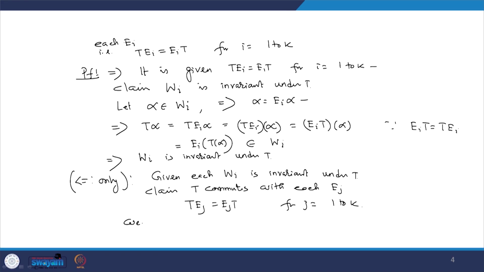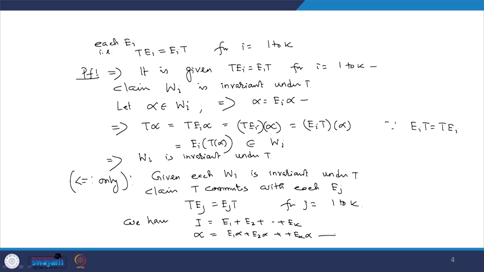According to the given statement of the theorem, we have I equal to E1 plus E2 plus Ek. So, this implies that alpha operating on I equal to E1 alpha plus E2 alpha plus Ek alpha.